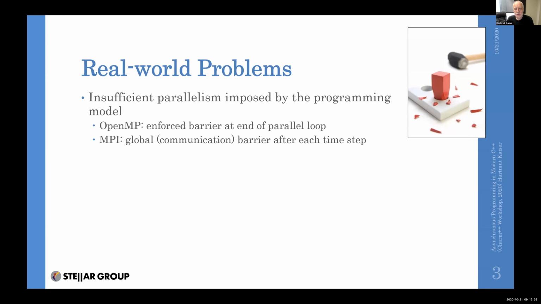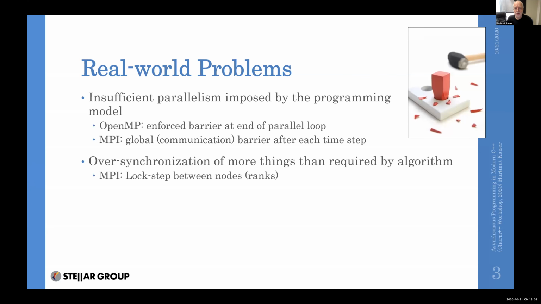One example here is the enforced barrier at the end of the parallel for loop in OpenMP. And yes, I know about the nowait clause, but it's kind of useless because, again, you have to do your own programming to find out when the loop is actually done. Or in many MPI applications, you have that global communication barrier after each time step that puts all nodes into lockstep and makes the application wait for the slowest node before it can continue to the next time step.